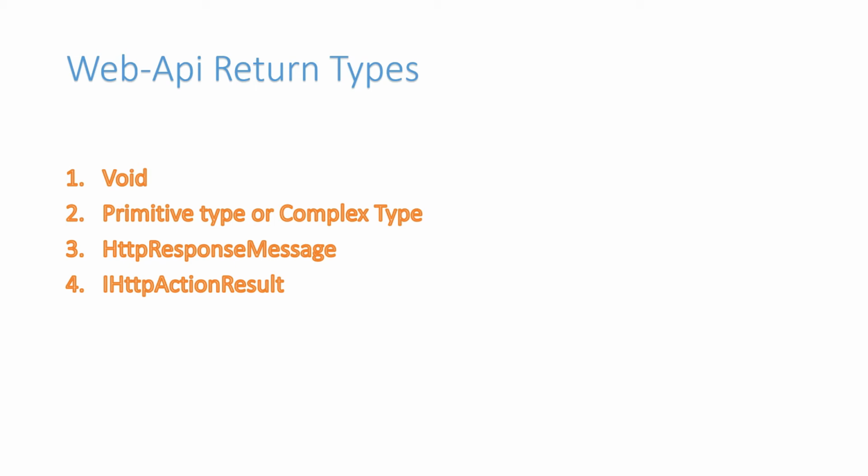And when it comes to complex types, in our case employee object, or any kind of enumerable of strings, enumerable of employee objects, these are all called complex types. Okay, so when it comes to HTTP response message, if you want to return something from the API to your client, those can be returned from HTTP response.